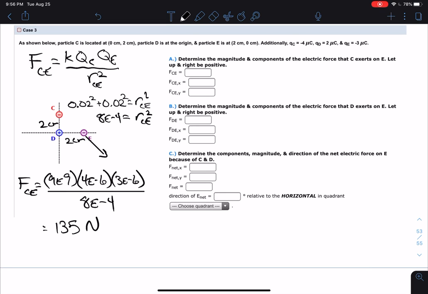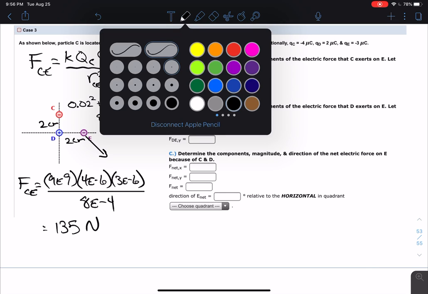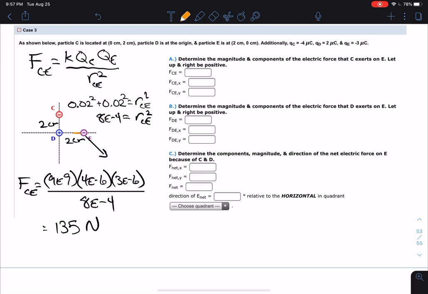So to get the components, of course, you need to know the angle. The great thing is this vector is pointing right along this side of the triangle. And you probably already noticed, this is an isosceles right triangle that I have set up here.